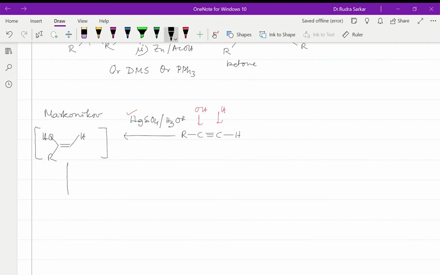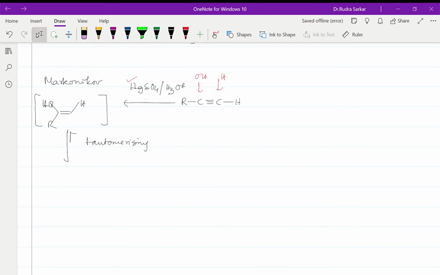which will be spontaneously tautomerizing to the ketone having a ketomethyl group, and a ketomethyl group will always be obtained whenever we have a terminal alkyne.